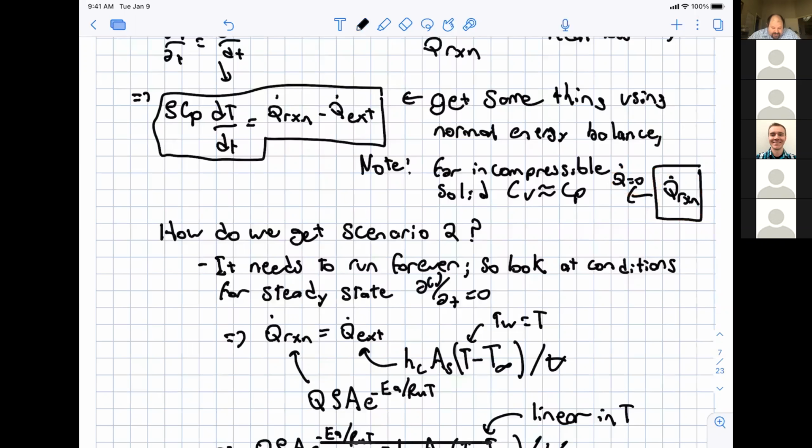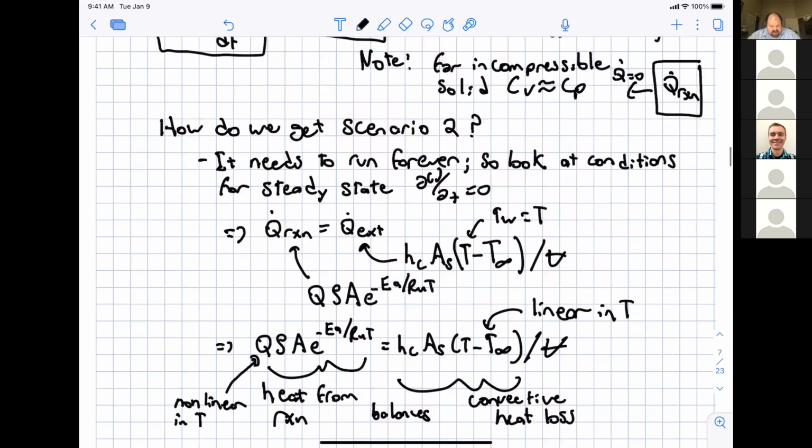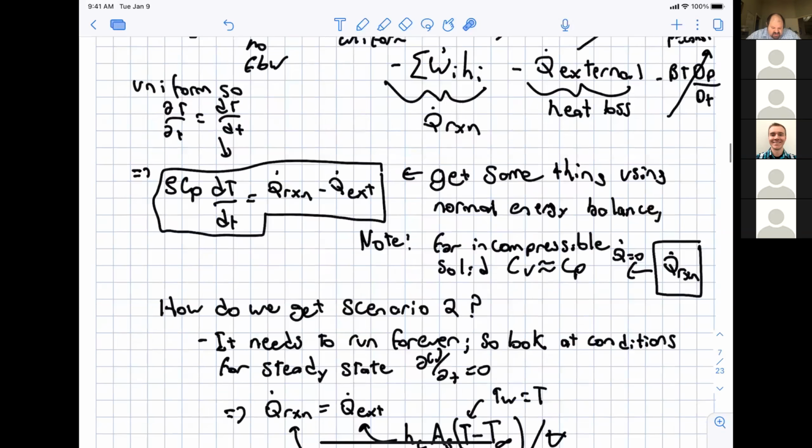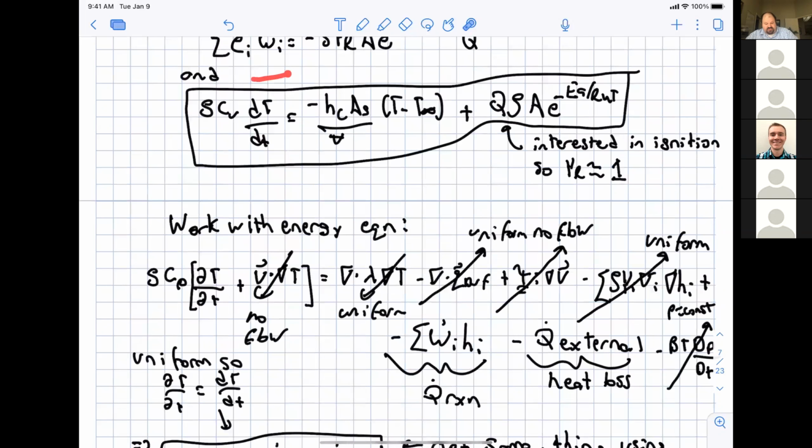So if we do that, we'd see that the heat from the chemical reaction is balanced perfectly with any external heat loss. And the external heat loss is just Newton's law of cooling, and we divide by the volume, and you can see where that came from in this derivation over here.